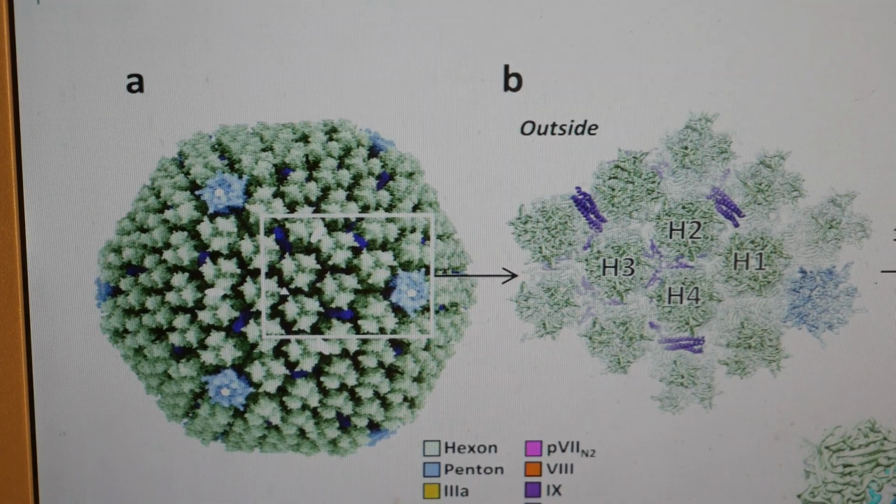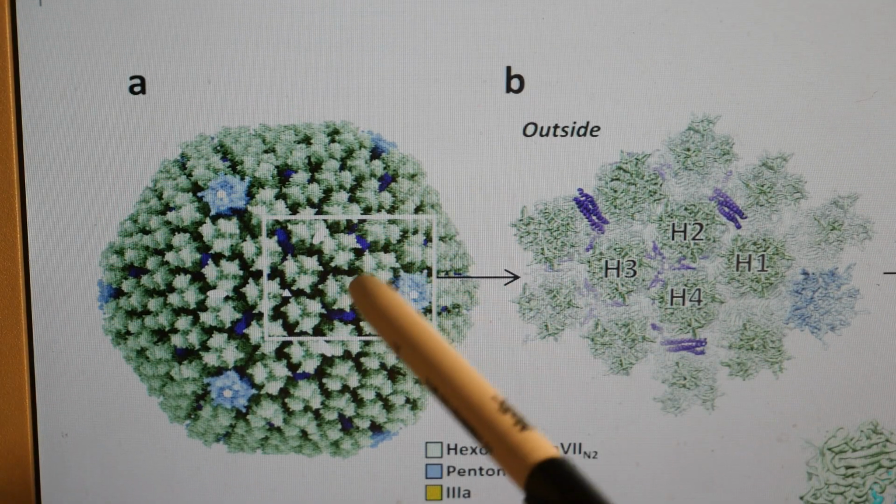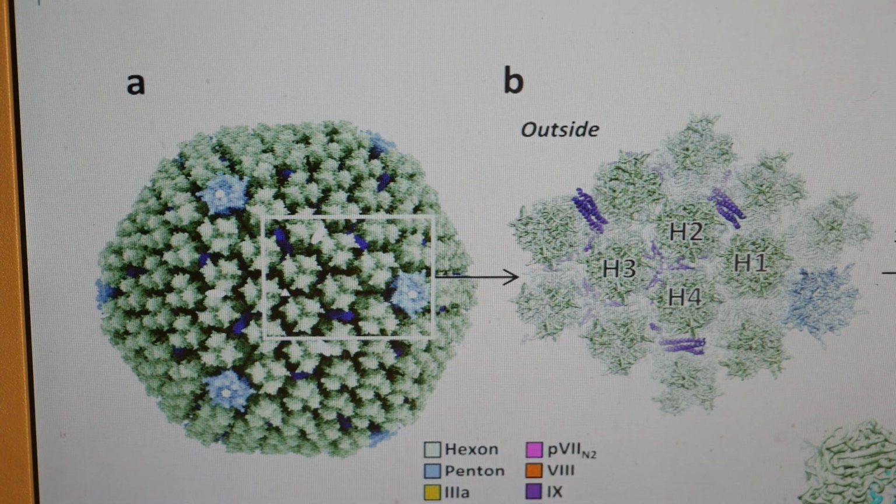Each capsid is 720 hexons, and I'll write this out a bit later. Each capsid is 720 hexons, arranged as 240 trimers. Each face is 12 trimers.